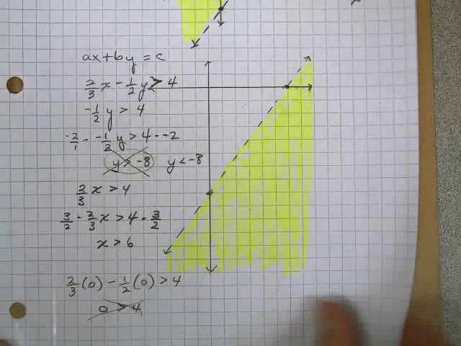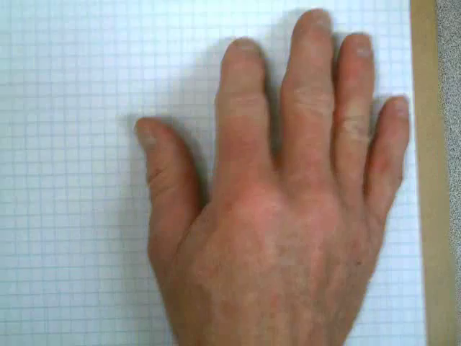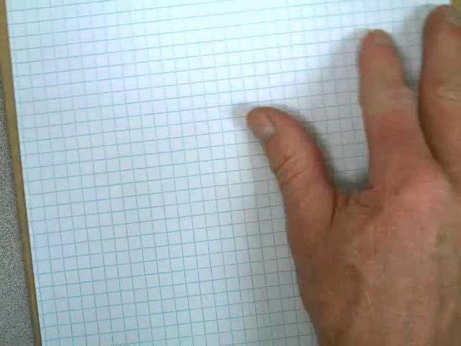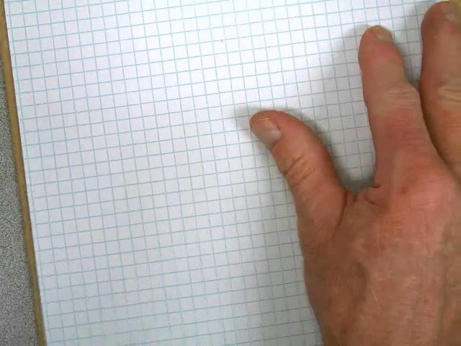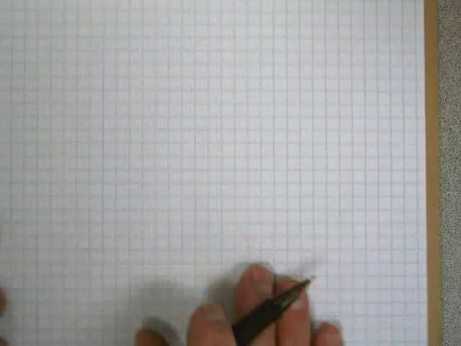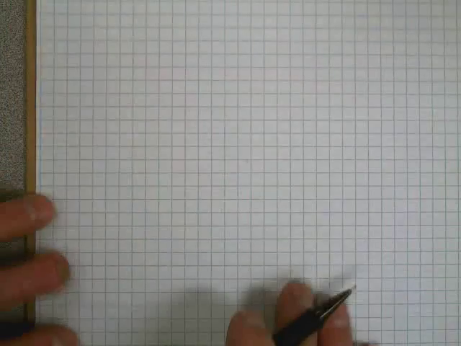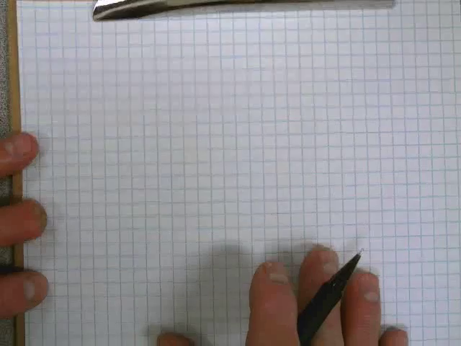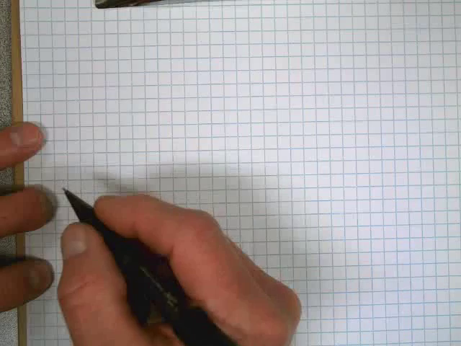Okay, one last thing that I want to deal with in today's material. I want to take that previous standard form inequality and take a different approach. We're going to go from standard form to slope-intercept form.